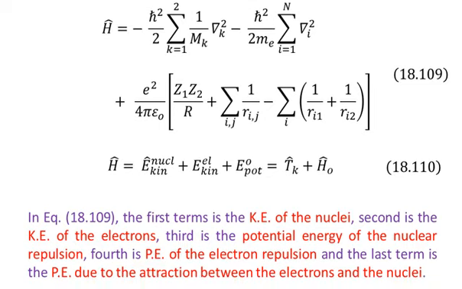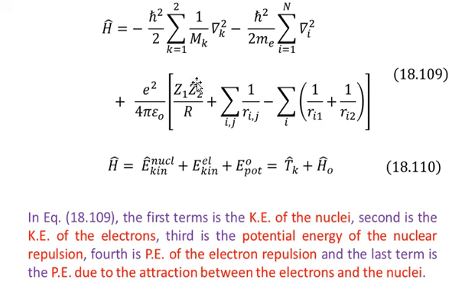Here I am going to explain these terms. In equation number 109, the first term is the kinetic energy of the nuclei. The second term is the kinetic energy of the electrons.